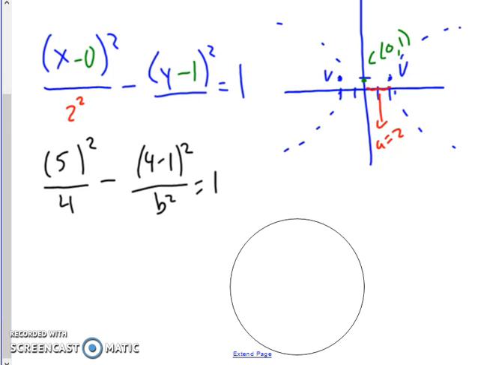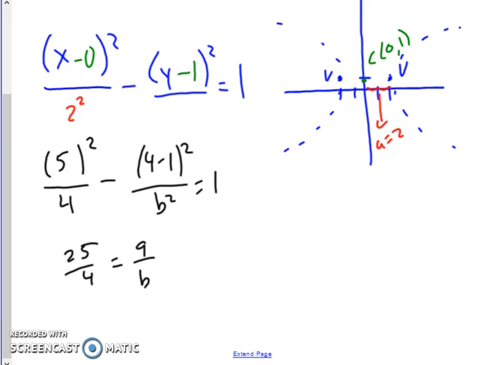Okay, so we will have 25 over 4 minus 9 over b squared equals 1. Let me go ahead and subtract 25 over 4 from both sides.